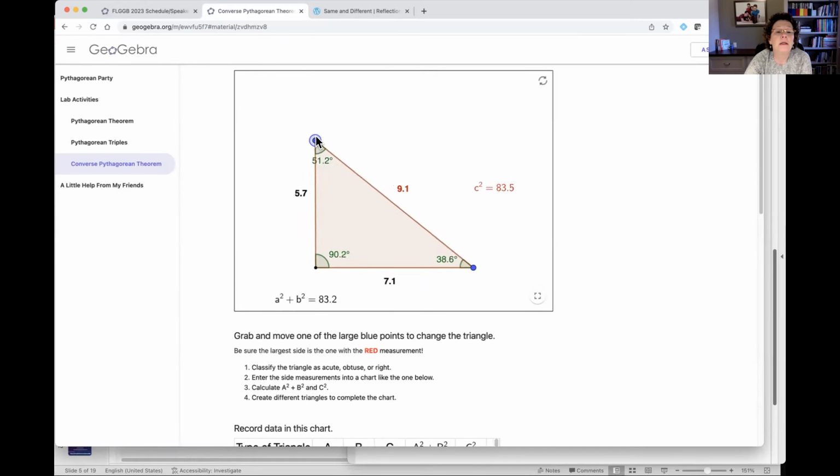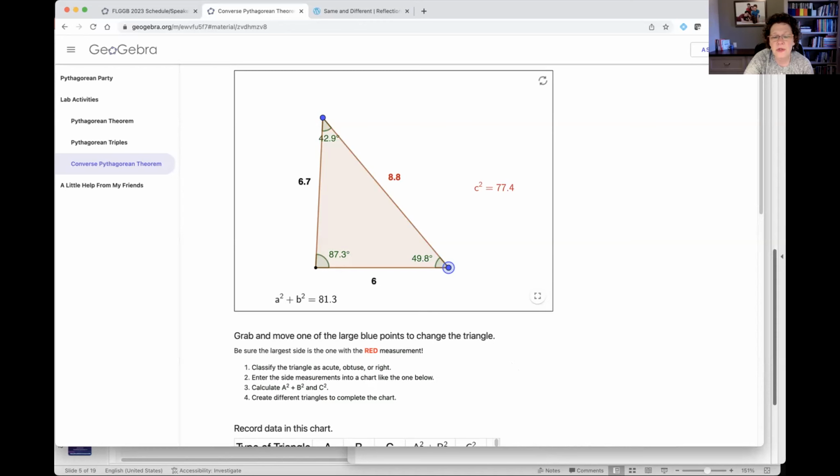Now, this triangle can rearrange so that what I've labeled in red as the C might not end up being the largest side, but the blue points move. And there's a note to students, be sure the largest side is the one with the red measurement.